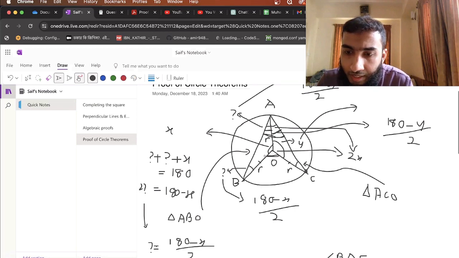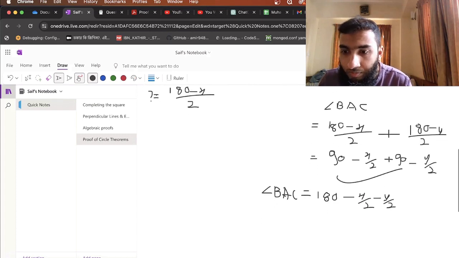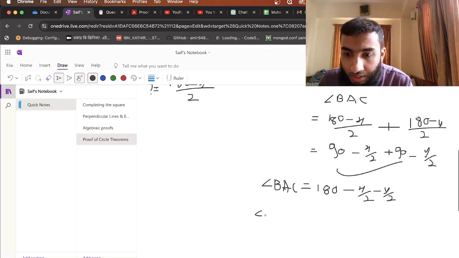Now if this angle is X and this angle is Y, then this angle is 360, because the whole circular angle is 360. So 360 minus (X plus Y), right? So angle BOC, the angle at the center, is what?